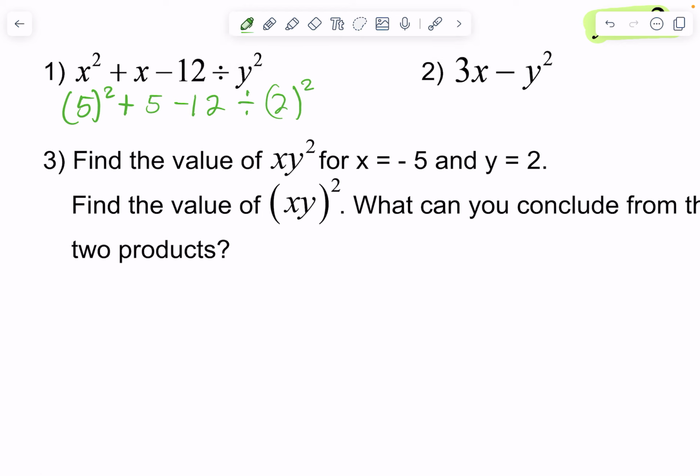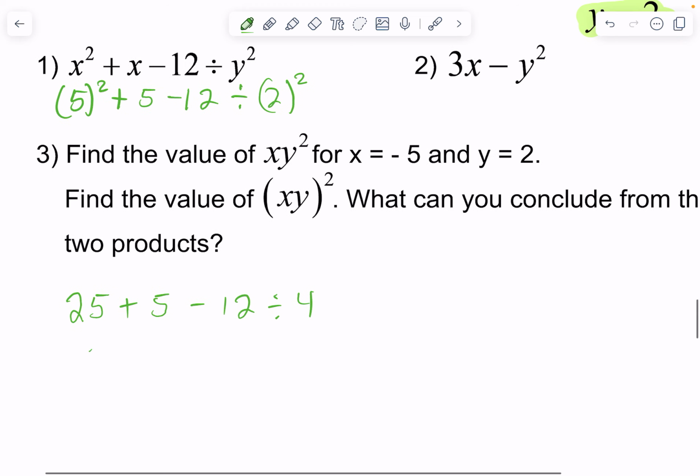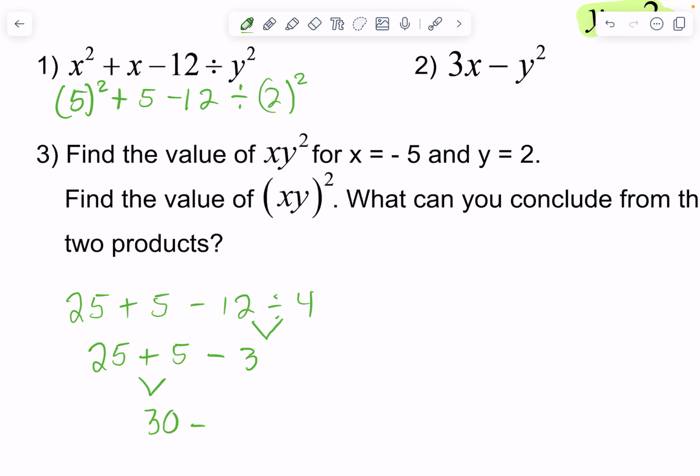So I have 5 squared, which is 25, plus 5 minus 12 divided by 4. I'm following the order of operations. Now 12 divided by 4 is 3. Again, order of operations. Then I have 25 plus 5 is 30, minus 3 equals 27.